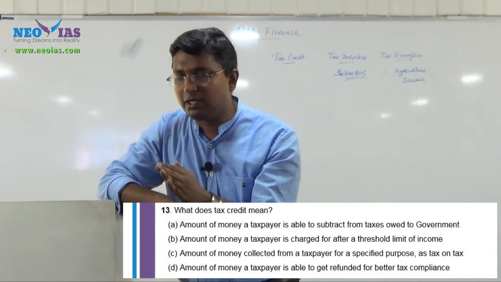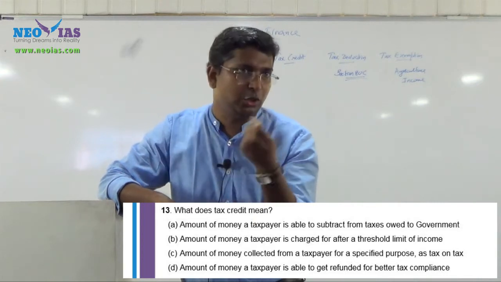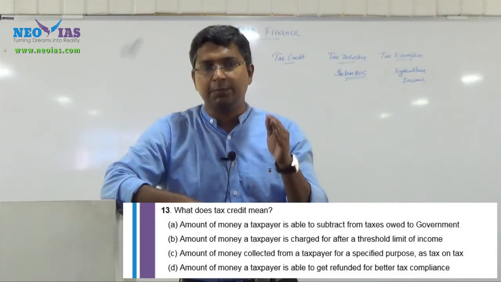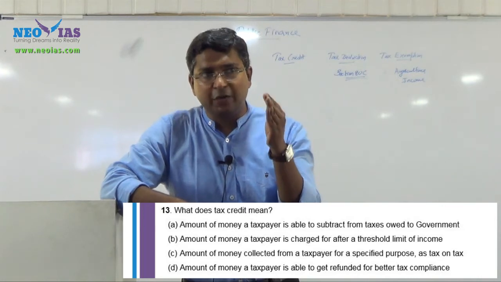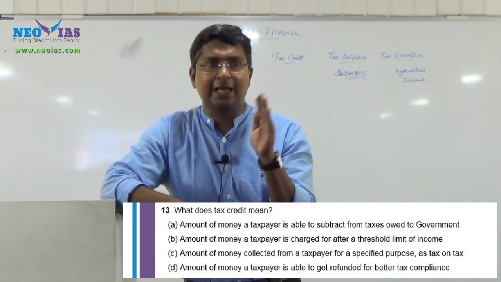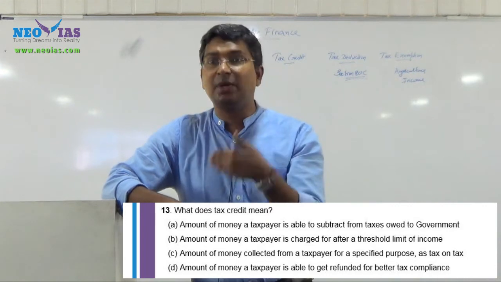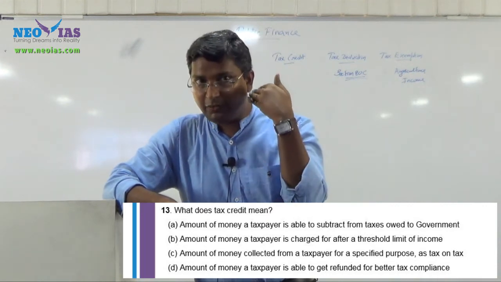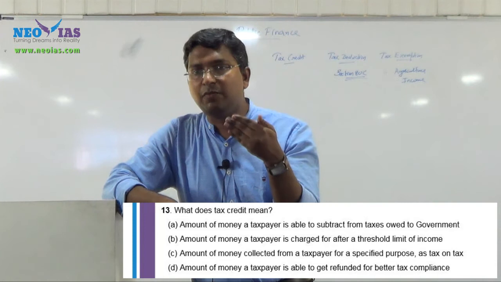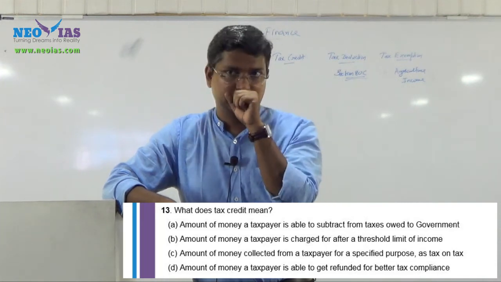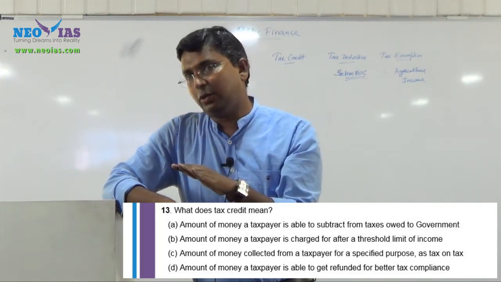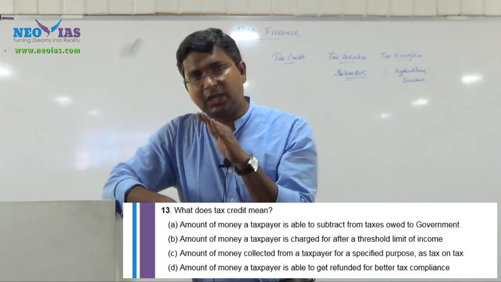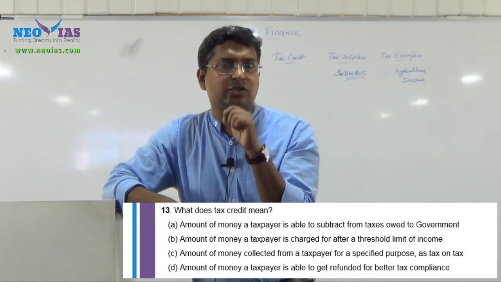If you have an income up to 2.5 lakh, there is no need to pay tax. Tax is nil. But between 2.5 and 5, as per the latest budget, in the budget 2017-18 it was reduced from 10% to 5%.